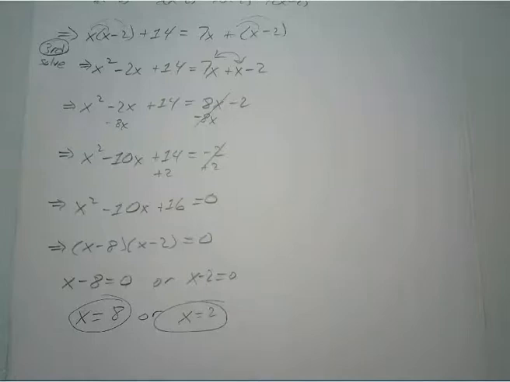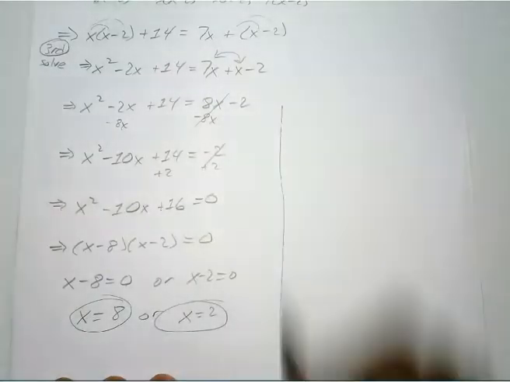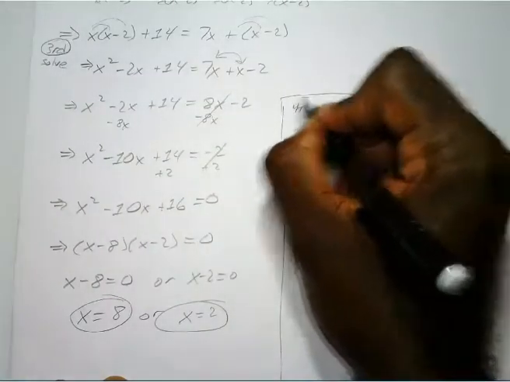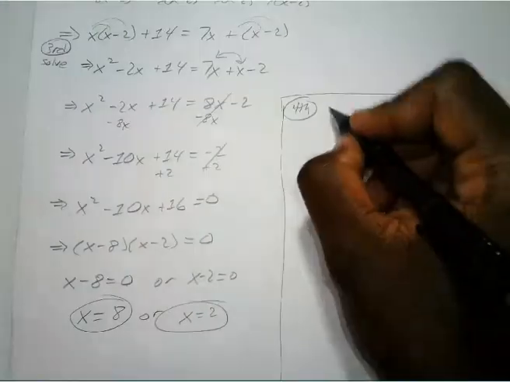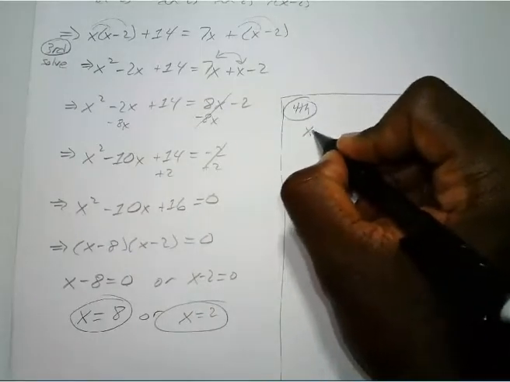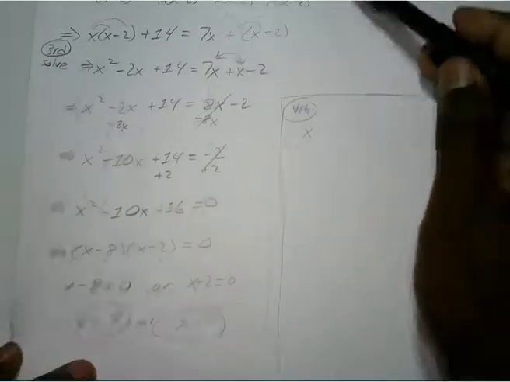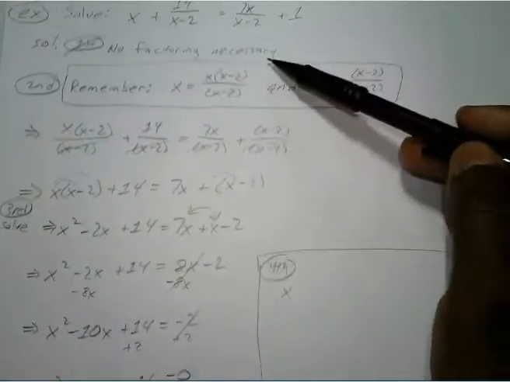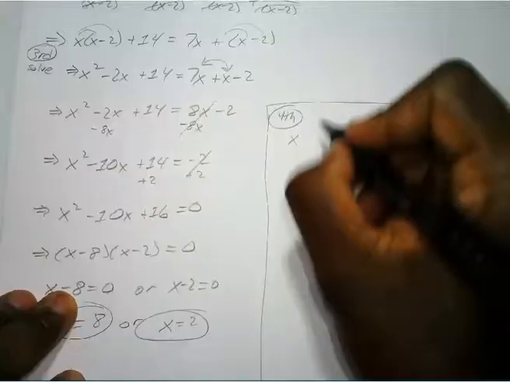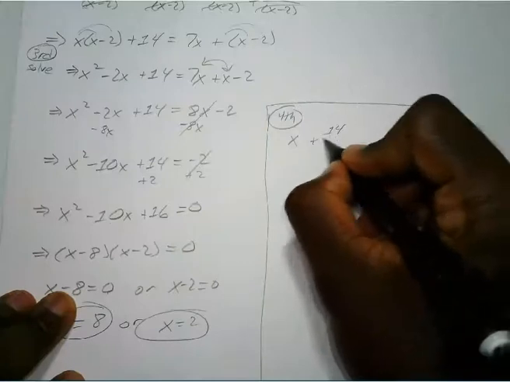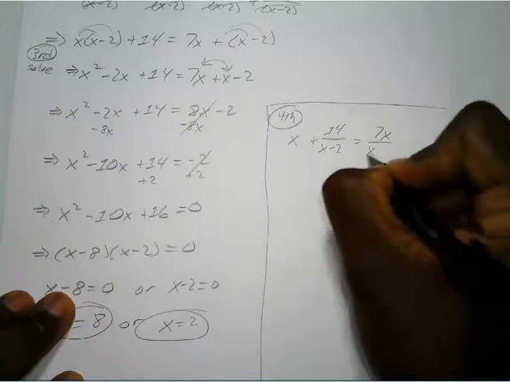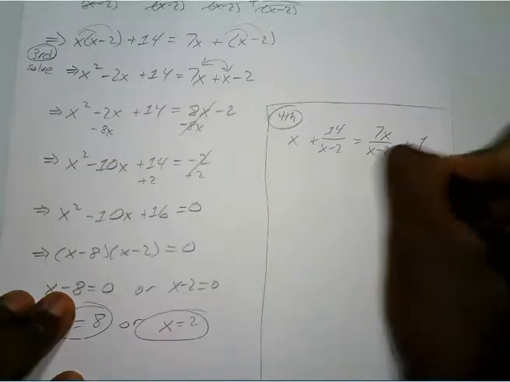Okay, so this puts a little bit of a twist on what's valid and what's not, because we go to our fourth step, checking our x. Remember, you can use the equation here, or you can use the starting equation, it doesn't matter. x plus 14 over x minus 2 equals 7x over x minus 2 plus 1.